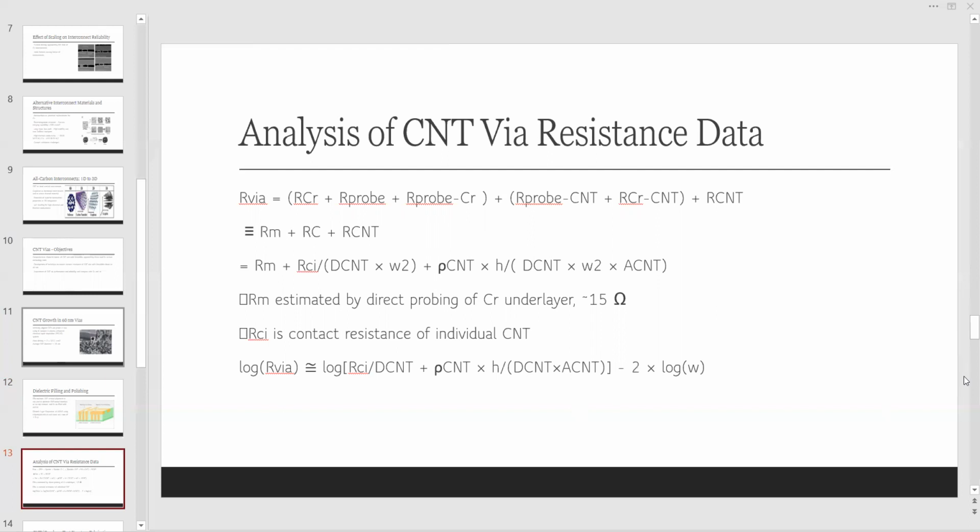RM is estimated by direct probing of the CR underlayer, about 15 ohms. RCI is the contact resistance of an individual CNT. Log R via is log RCI DCNT plus rho CNT into H by DCNT into ACNT minus 2 into log W.